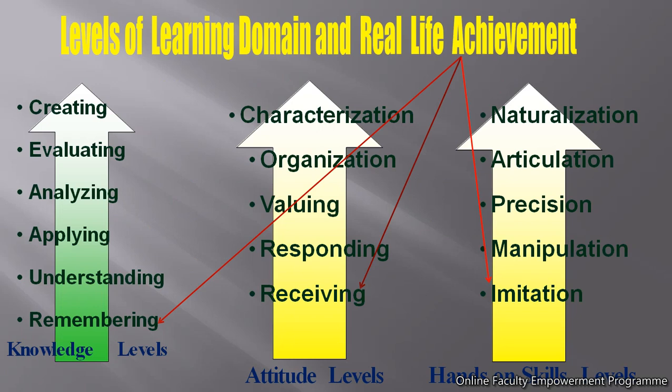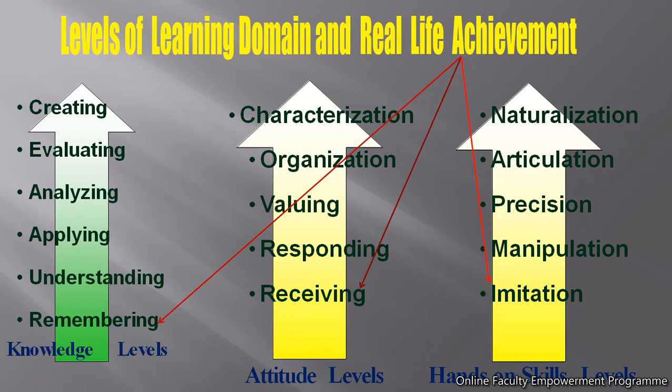Whenever Bloom's taxonomy is included in academics, then automatically the hands-on skill levels will increase from imitation to naturalization. So this is the link between these three different types of learning domains.